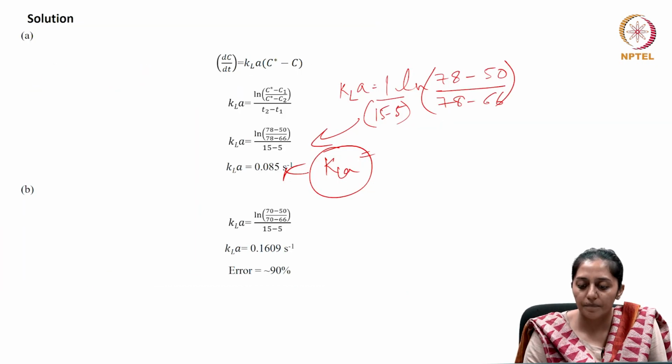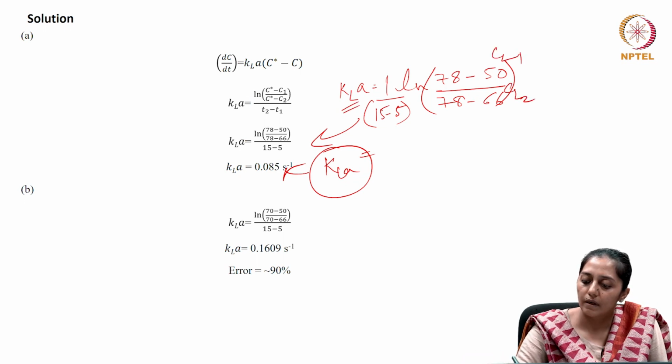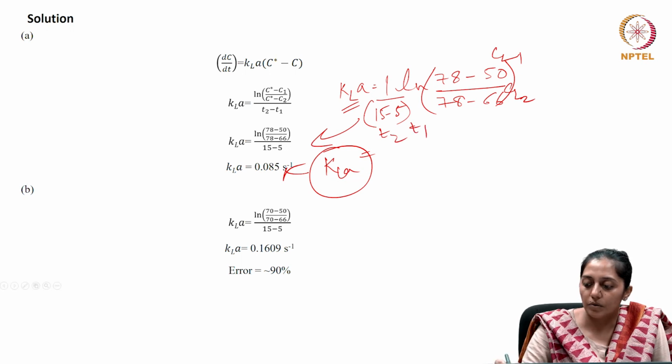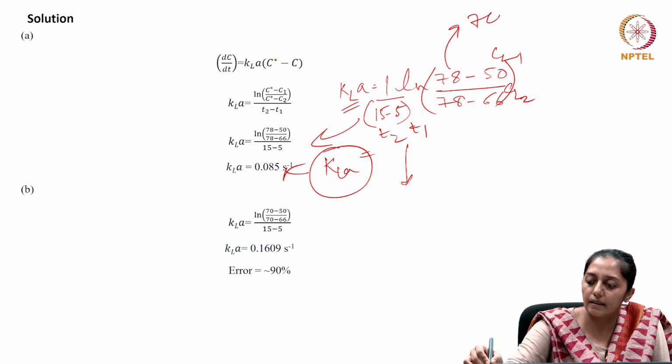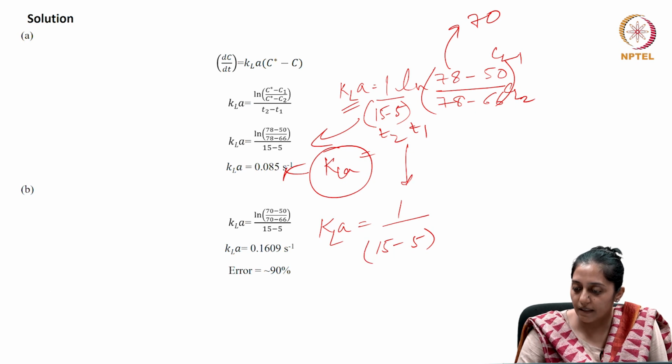That should be doable. Now, we know how KLa is to be determined given the value of Cl1, Cl2, T2 and T1. Now, the only change here is that in place of 78, the steady state concentration measured incorrectly is 70.